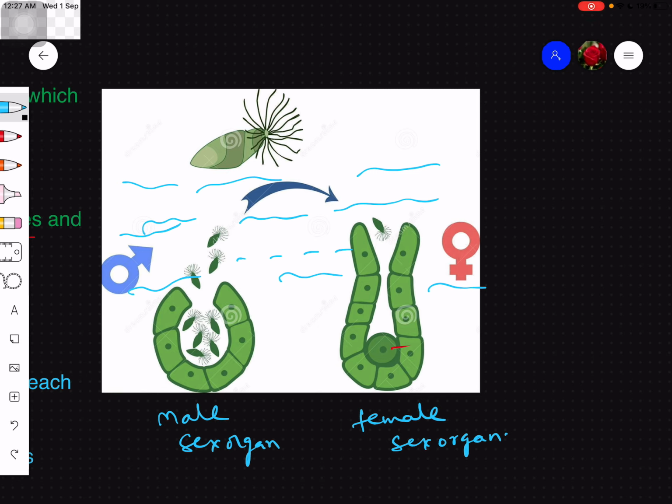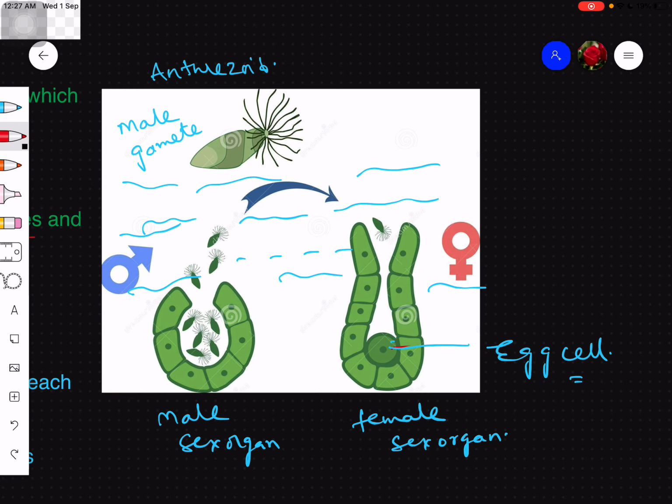These are the antherozoids, the male gametes, and this is the female gamete, the egg cell. The male sex organ produces many male gametes and they are released into water. Now they have to swim all through this water and reach the egg cell, right?